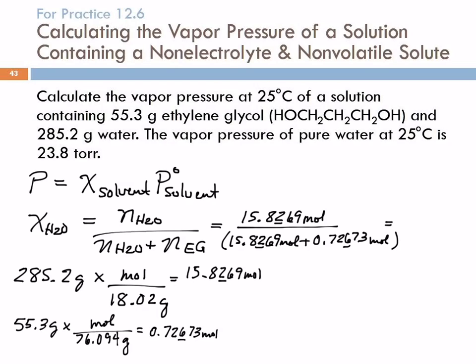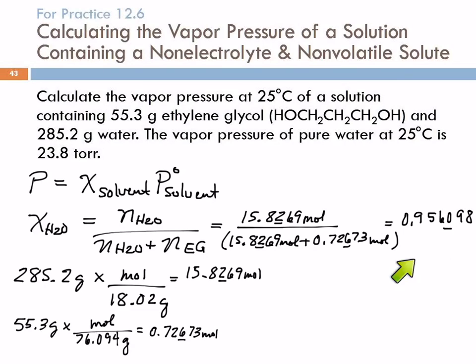In the denominator, we're still going to have 4 sig figs, so we don't need to worry about that. So we have 15.8269 divided by the quantity 15.8269 plus 0.72673. Get a mole fraction of 0.956098. And that has no units.